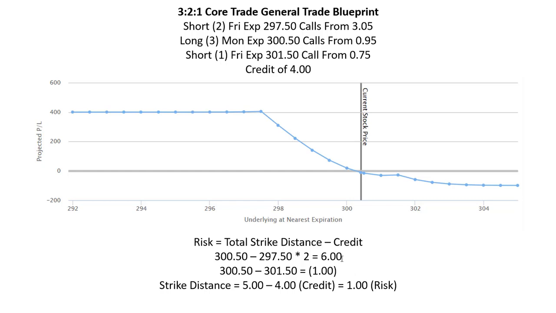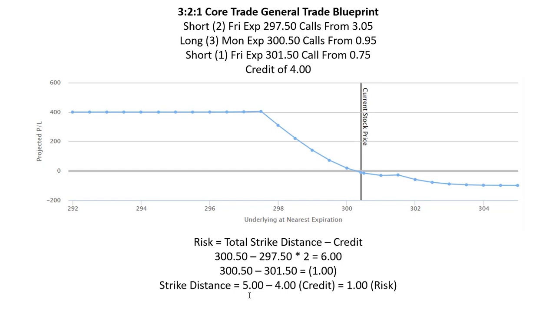So 6 minus negative $1, so 6 minus $1 is $5. That's the total strike difference in this spread between the longs and the shorts. And our credit is $4. So it's the total strike difference, which is 5, minus the total credit, which is 4, equals the total risk, which is 1.